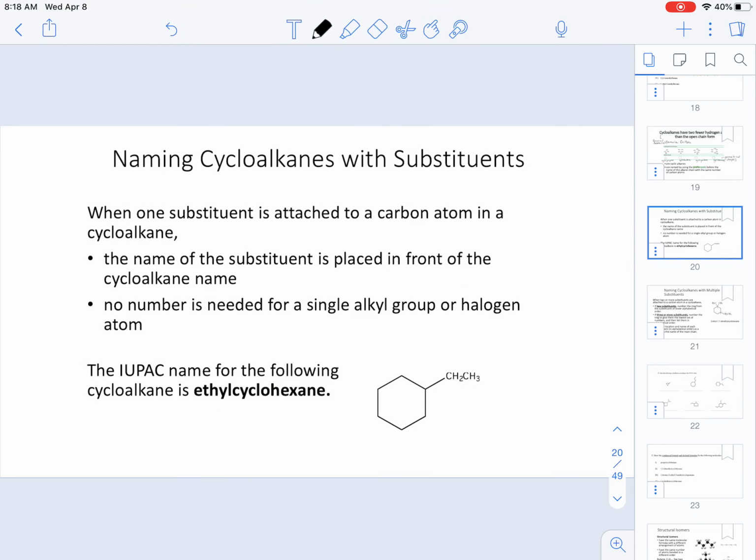When we are naming alkanes with substituents, understand that when you have one substituent attached to the cyclic alkane, no number is required. All you have to do is write the name of the substituent, the name of the cyclic alkane, and you're done. So for example, the structure in the bottom, which I'm highlighting in a green box, has a hexagon.